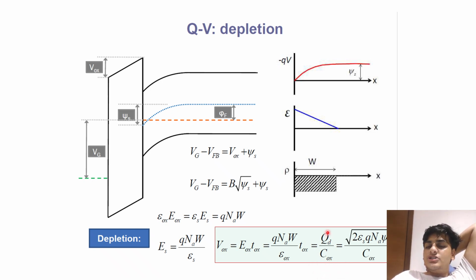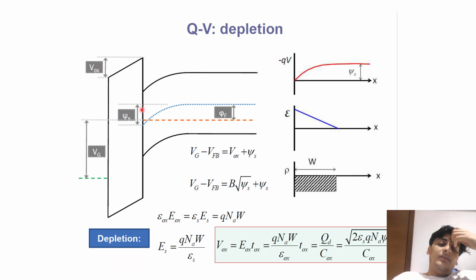But then when we do charge per unit area divided by capacitance per unit area, the per unit area gets cancelled out. So anyway, the capacitance of this oxide per unit area can just be represented by the standard parallel plate formula for capacitance, which is epsilon by thickness, right? So that's the capacitance and the voltage across this oxide layer.